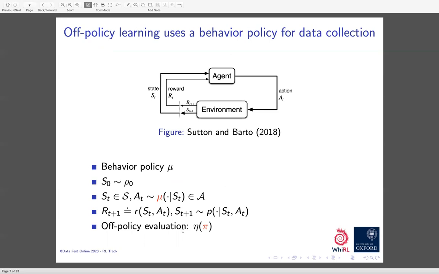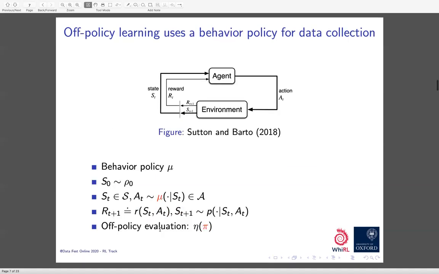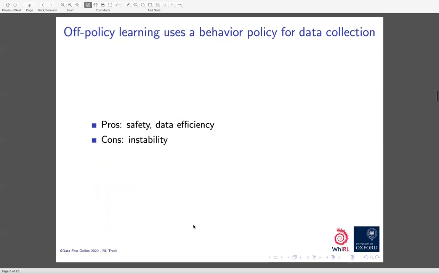So at time step t, the agent will select action at according to the behavior policy mu. This is different from the on-policy setting, where the action selection is done according to the policy pi. So although we select actions according to policy mu, we are interested in the policy pi. There are two different policies, and this is the off-policy learning setting.